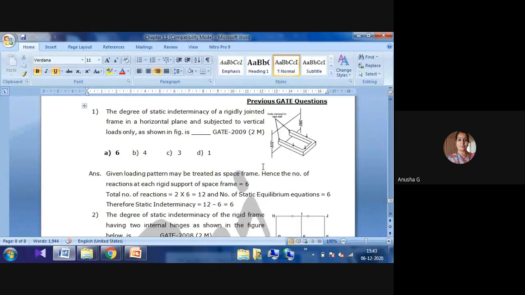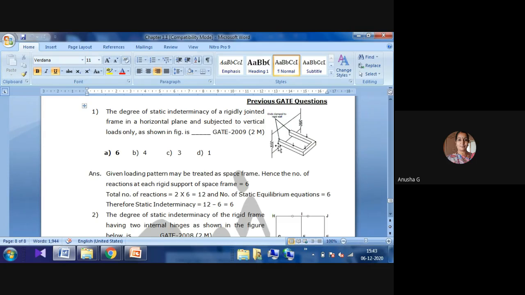Total number of reactions is 2 hinges at the clipped rigid wall, multiplied by the 6 space frames, so we get 12. Those are the 12 static equilibrium equations, and for that we have to consider it as fixed first.